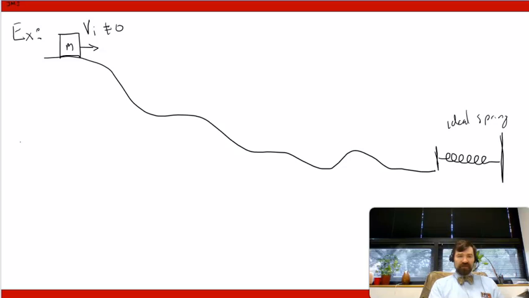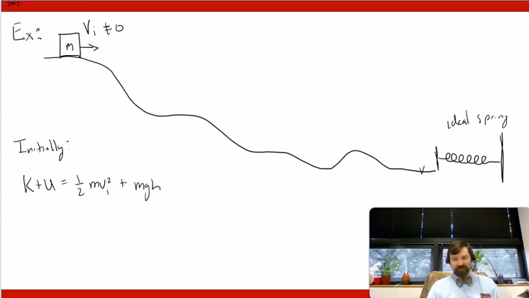Okay, so what we have is an initial condition. So initially you have kinetic plus potential, which is 1/2 m v initial squared plus mgh. Again, we're taking this distance right here to be the height h. Finally, what you have is kinetic plus potential.